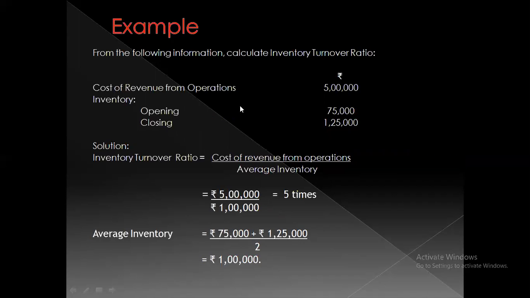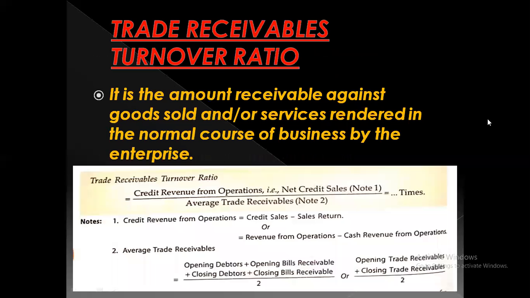In the numerical, cost of revenue from operation is 5 lakh, average inventory is 1 lakh, that means the ratio is 5 times. It means cost of revenue from operation is 5 times as compared to the average inventory of the firm.